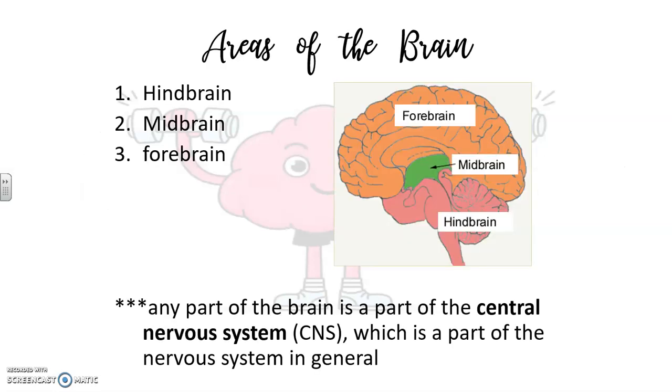We have the hindbrain, the midbrain, and the forebrain, which all of these parts are part of the central nervous system. But to help you remember these three parts, the lowest part and in the back is the hindbrain. It's behind you. Midbrain, middle. And then forebrain is where your forehead is and on top.